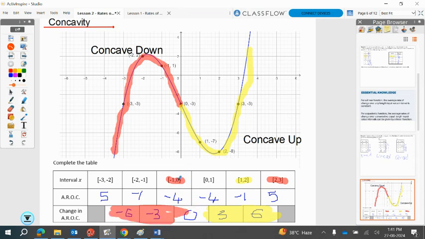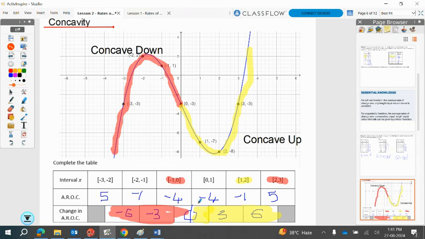If we were to change these intervals so it wasn't at 0, if it was at -0.1, and here it was at 0.1, we would see that there is a change which would still be positive. Here at 0, something special is happening.